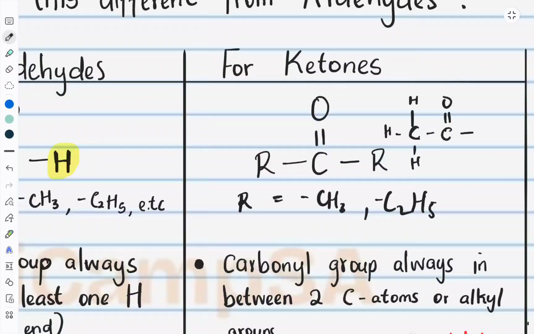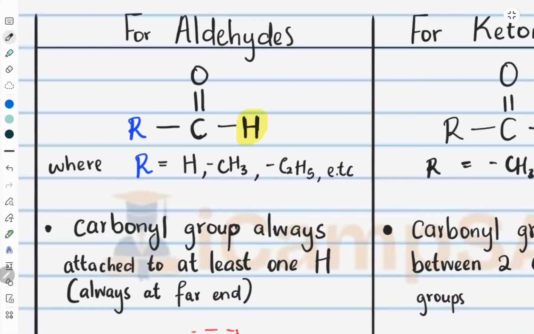And then let's say on this side as well we just have the same thing. It doesn't have to be the same thing, but the main point here is for ketones, this carbonyl group must always be in between carbon atoms, whereas for aldehydes, this very same carbonyl group must be on the far end of the carbon chain.